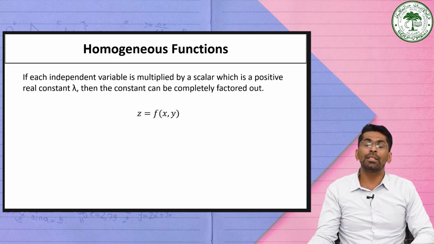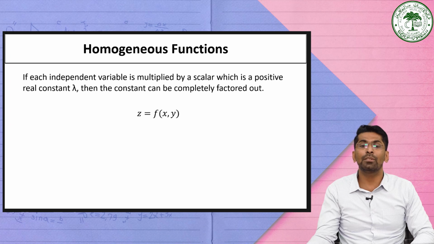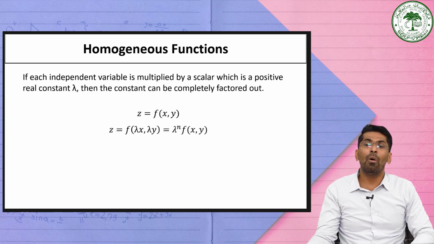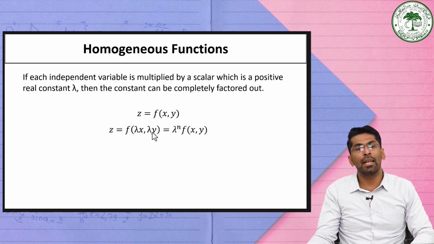Mathematically, we can say that a function z equals f of x and y is homogeneous of degree n for all positive real values of lambda. For example, if you multiply each and every independent variable, that is x and y, by lambda, we can factor out lambda raised to the power n.